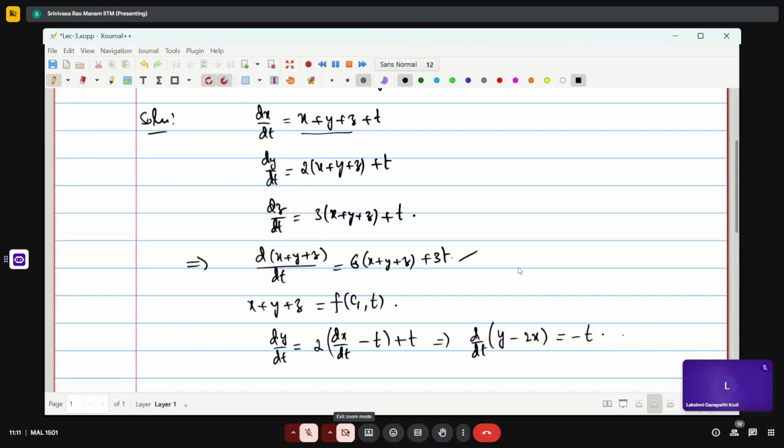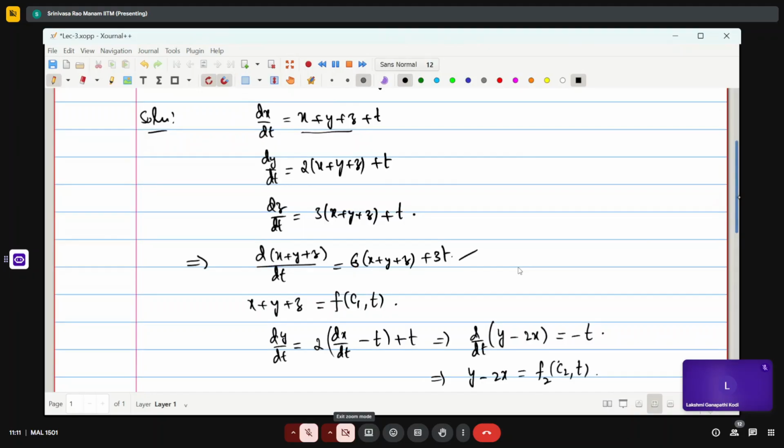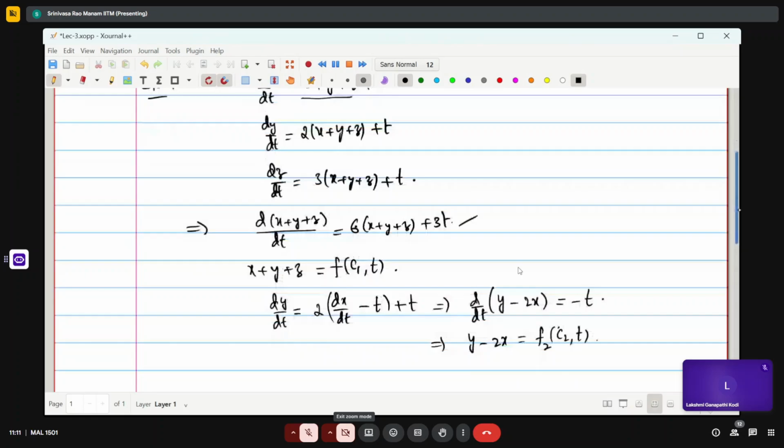This is another equation. So y of t minus 2 x of t equals some other function. Let's call this f1 and this f2, so f2 of c2 and t. This is a first order equation. This is equation 1, this is equation 2.